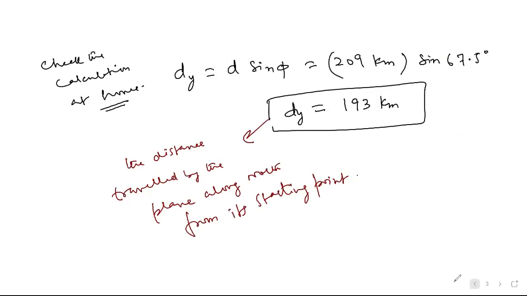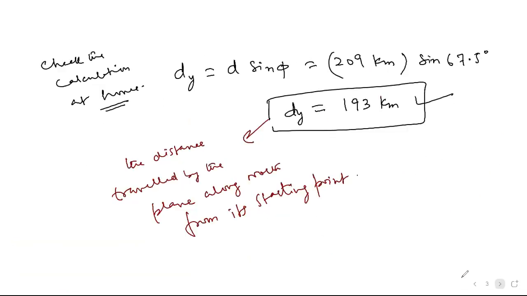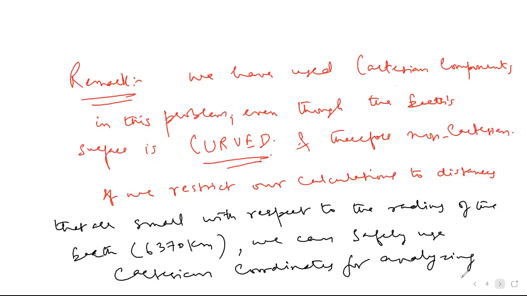As you can see, our displacements are small, 193 kilometers or 209 kilometers or 80 kilometers. These values are small compared to the radius of Earth, 6,370 kilometers. So the non-Cartesian nature of Earth's surface will not affect our calculations much, right?